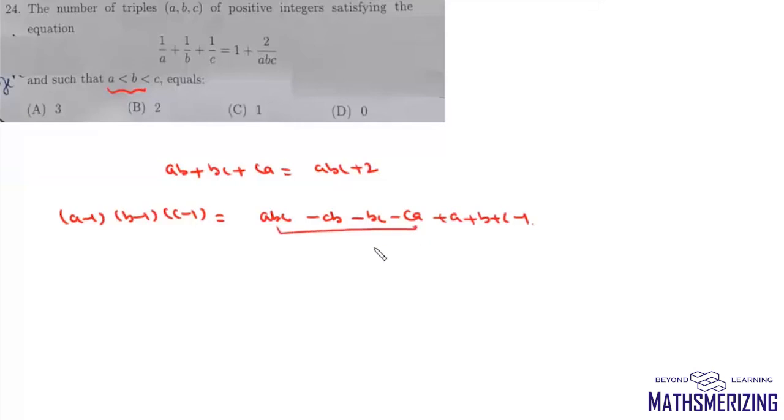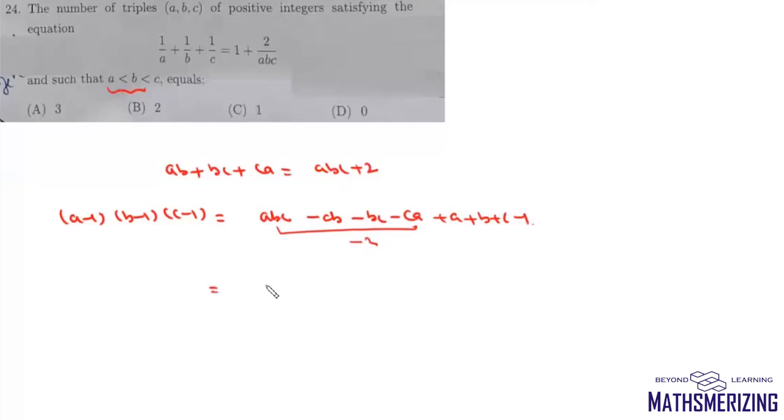Now we have this standard result that (A minus 1) into (B minus 1) into (C minus 1) will be equal to ABC minus AB minus BC minus CA plus A plus B plus C and then minus 1. Now we know that AB plus BC plus CA is equal to ABC plus 2. So basically ABC minus AB minus BC and minus CA, this value will be nothing but minus 2.